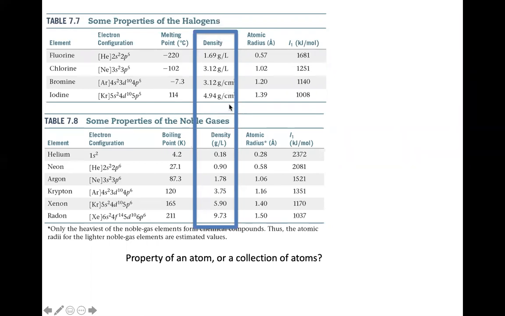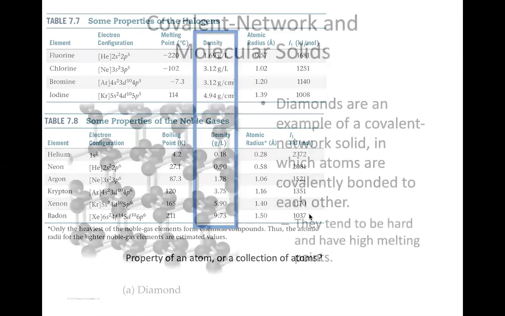Folks say that density refers to a collection of atoms, not an individual atom itself. You're absolutely right. It is a collection of them. I would not have anticipated that. I would have thought that was a 50-50 question. The fact that it's being said overwhelmingly for a collection really surprises me. We're going to explore that a little bit coming up here.